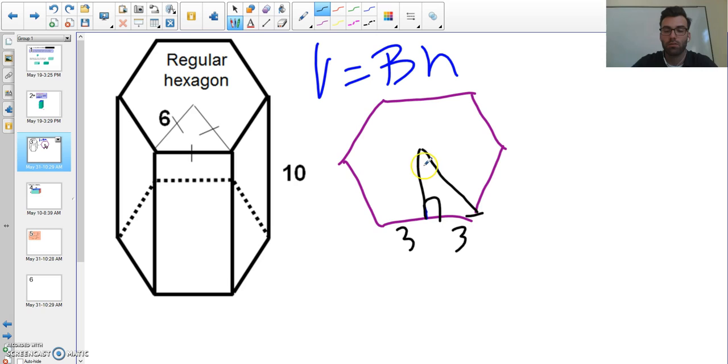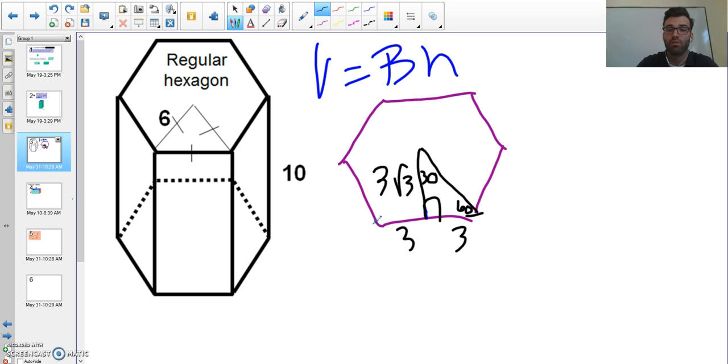3 and 3. Well, this is a hexagon, remember? So this is a 30, 60, 90 triangle, meaning if this 3 is across from our 30-degree angle, that is our A value. Meaning across from our 60-degree angle would be 3 radical 3. Remember, this is our apothem.